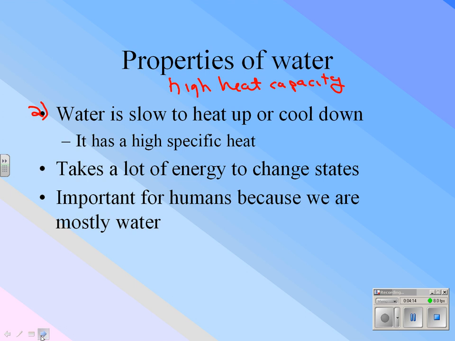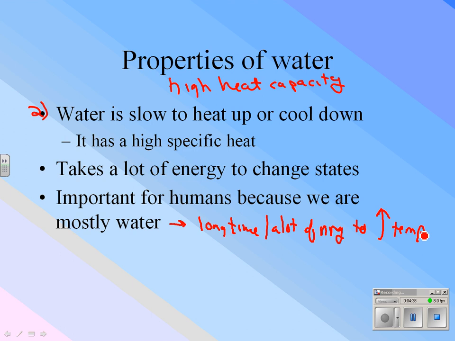Because we are mostly water, this means that it takes us a long time to heat up or cool down. It would take a lot of energy input to heat us up.